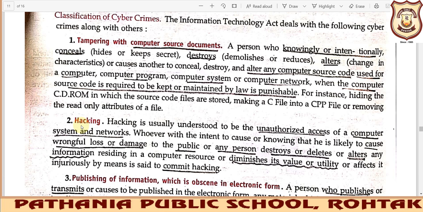Second is hacking. I told you hacking is trying to gain unauthorized access to someone's computer or network to gain knowledge only. Although your concern is not to harm someone, you are still destroying privacy or altering the information of someone to gain your knowledge. So that is also a crime. Hacking is also a cyber crime.